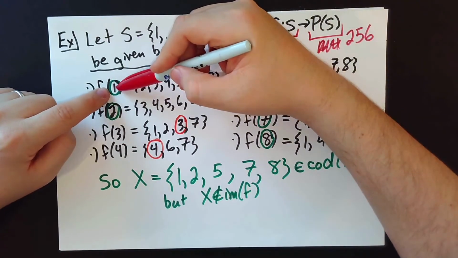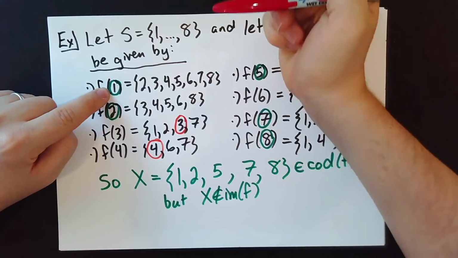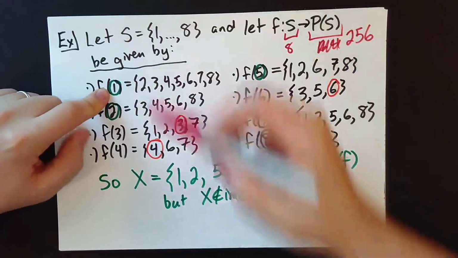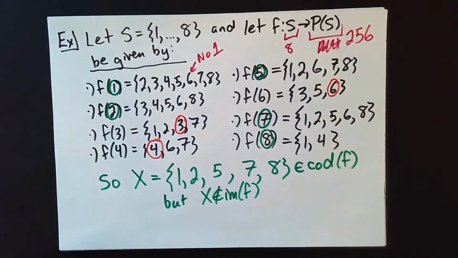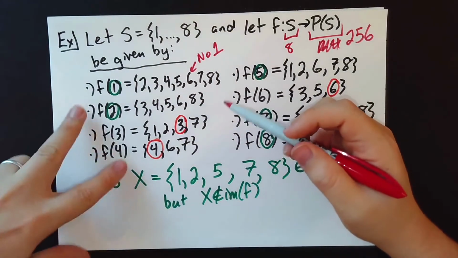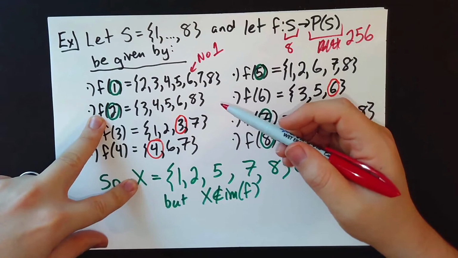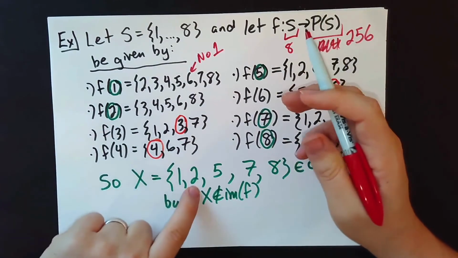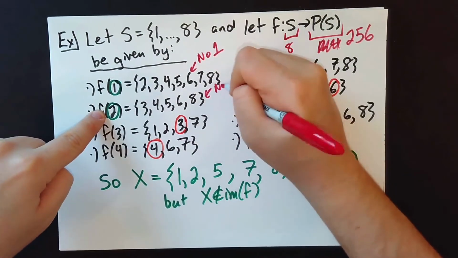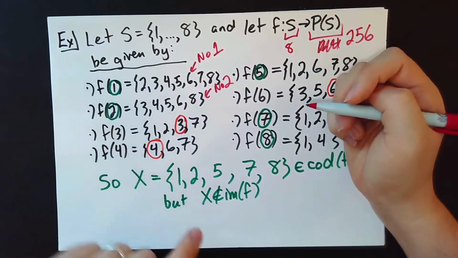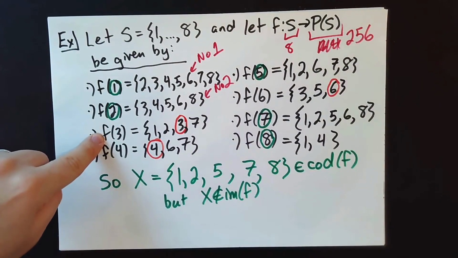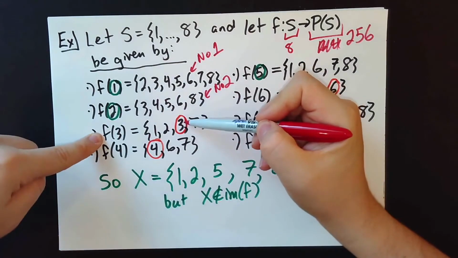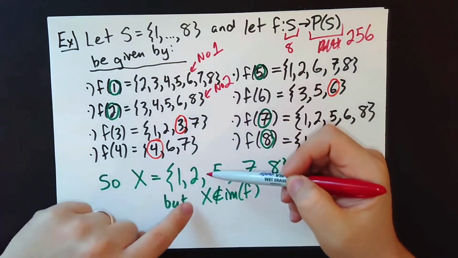Well, the reason why X is not equal to f of 1 is that 1 is an element of X, but 1 is not an element of this set, right? No 1. Why is X not equal to f of 2? Well, 2 is an element of X, but it's not an element of f of 2. Why is X not f of 3? Well, because 3 is in f of 3, but it is not in X.